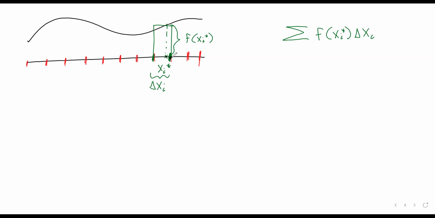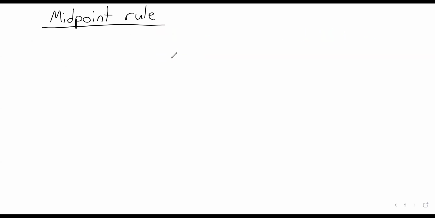The midpoint rule is just the observation that if you select the points right in the middle of these intervals, you'll usually get a better approximation than if you select points at the edges. So we cut the interval we're looking for.